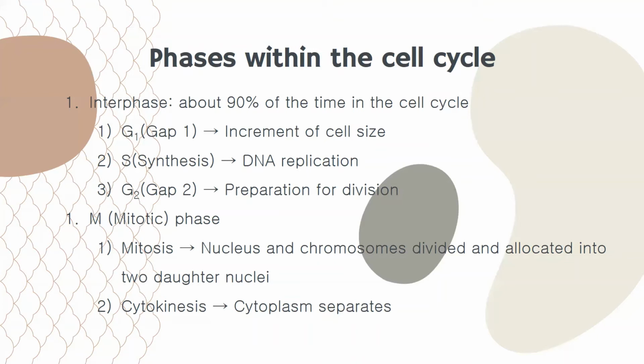And after that, within the M phase, there's cytokinesis. Cytokinesis is the process that separates the cytoplasm. As mitosis almost ends, cytokinesis has to occur in order for the cytoplasm to separate.